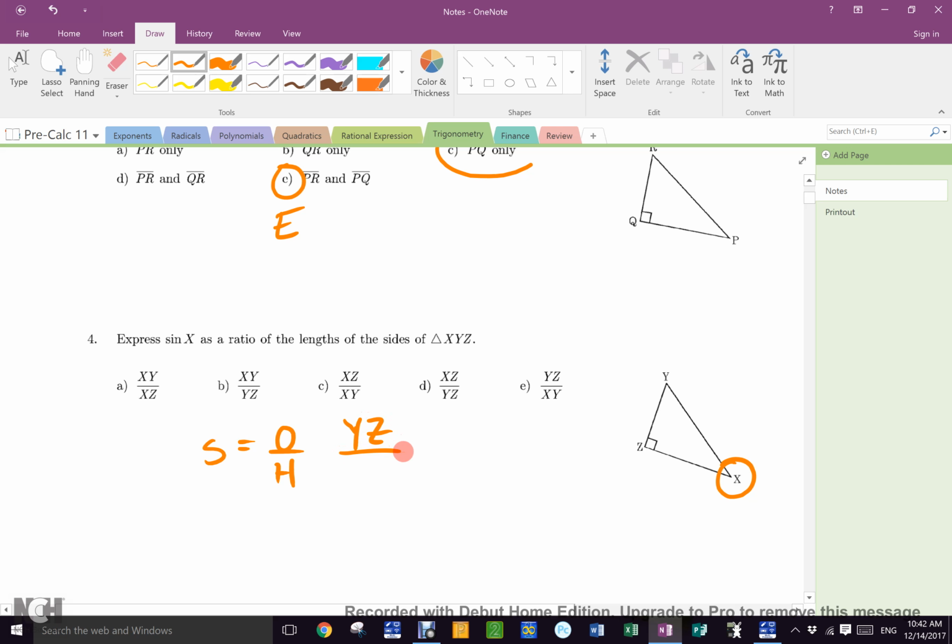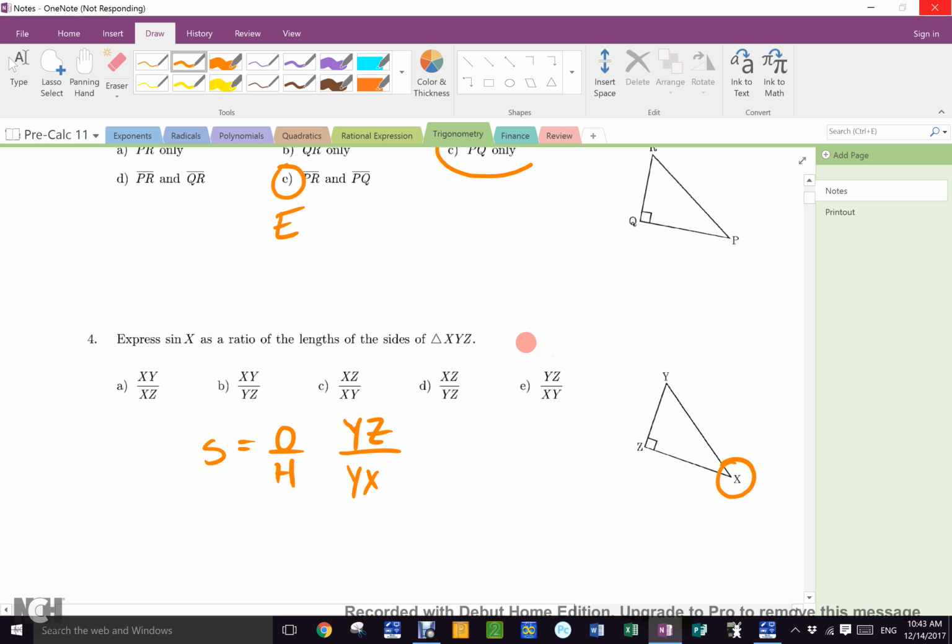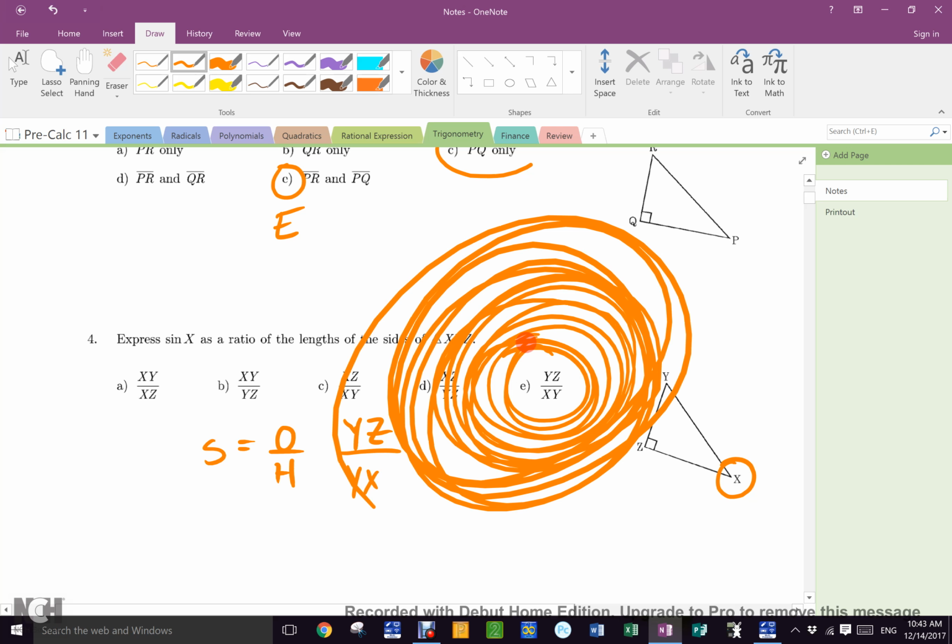And what is the hypotenuse? YX. Does letter order matter? No. So all I got to do is find the one that's YZ on top. There. There. Circle it! Circle it! I think it might be E.